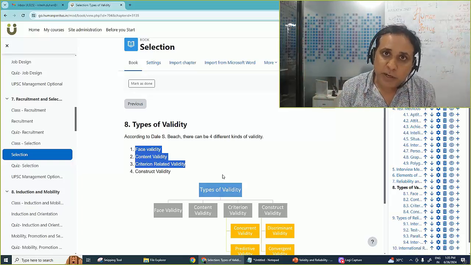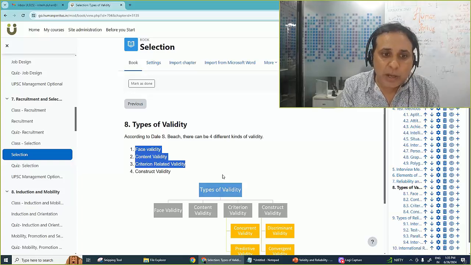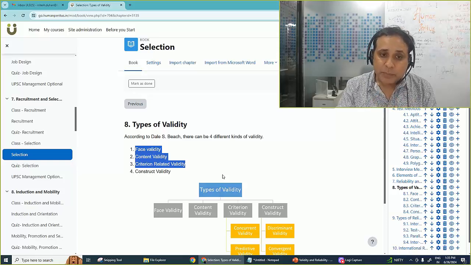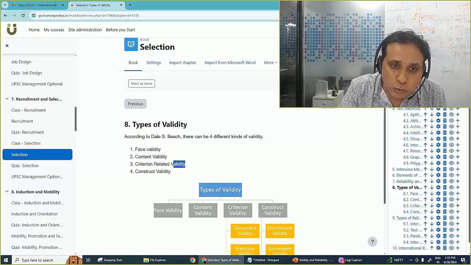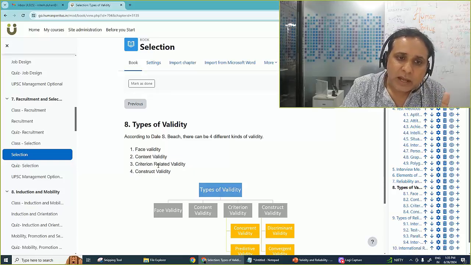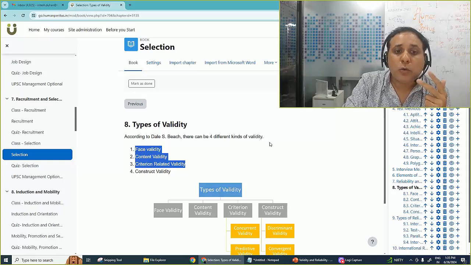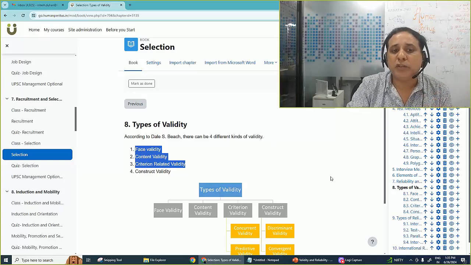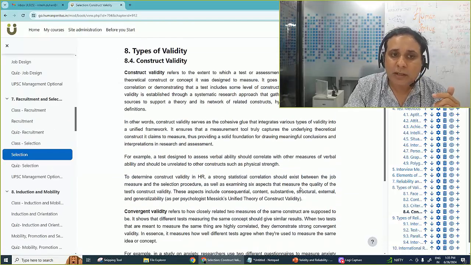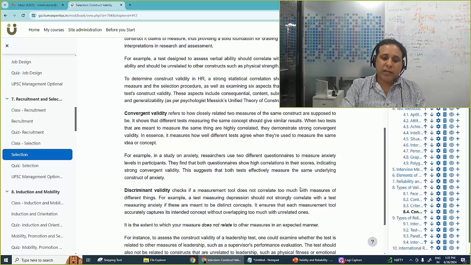That is also okay, so don't worry about that. But other than face, content and criterion, there are two additional types of validity which we understand under construct validity, and they are what? Convergent validity and discriminant validity.